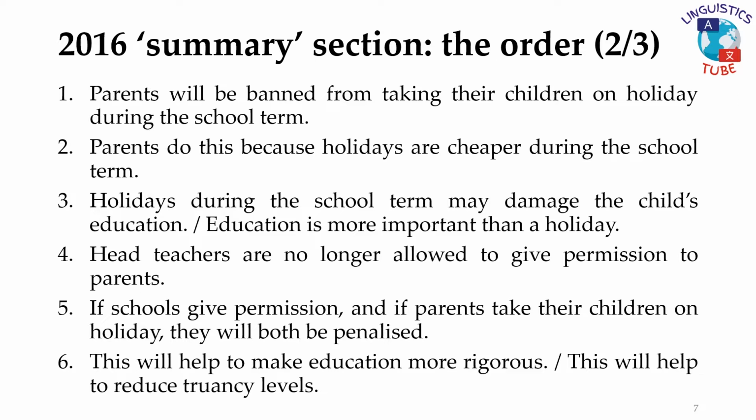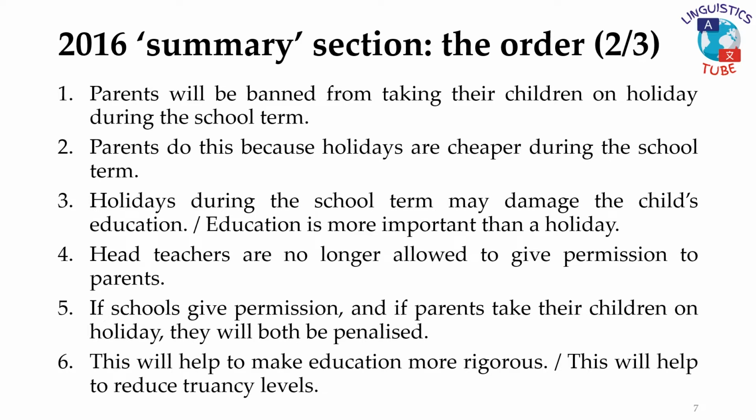Regarding 3 and 6, where there is an option, you could include everything if you want to make your summary as complete as possible. To do this, simply join the sentences together. For example, education is more important than a holiday, so holidays during the school term may damage the child's education.